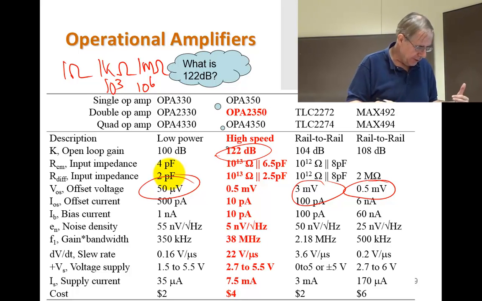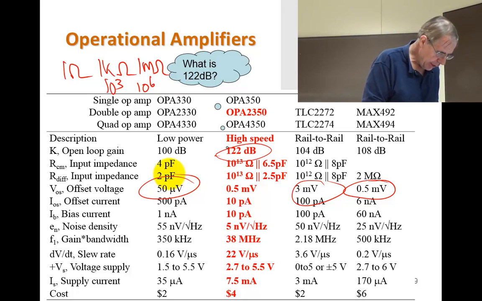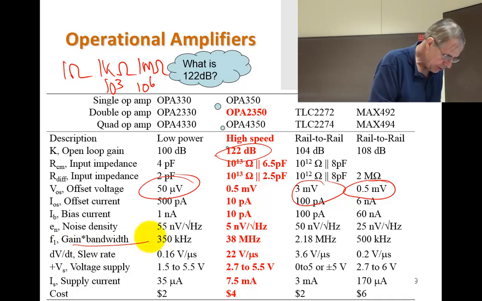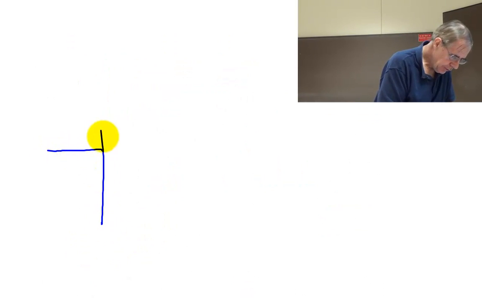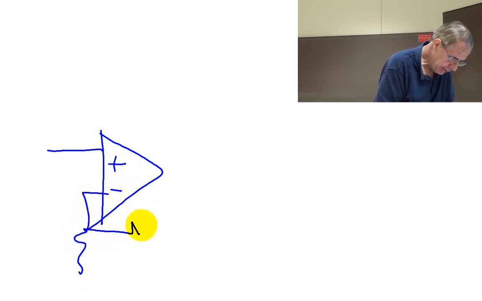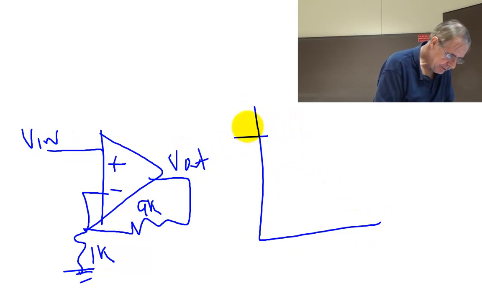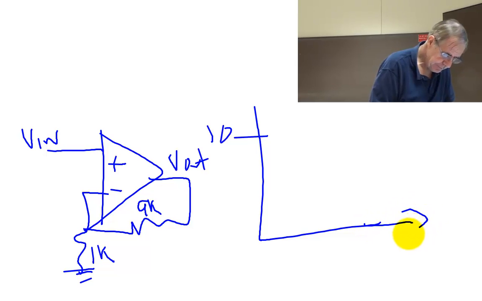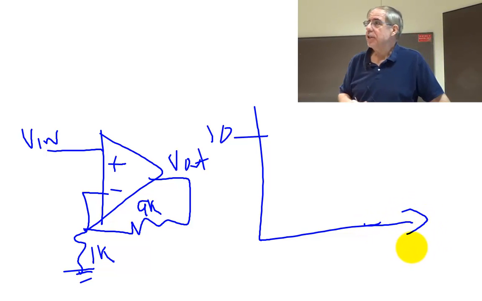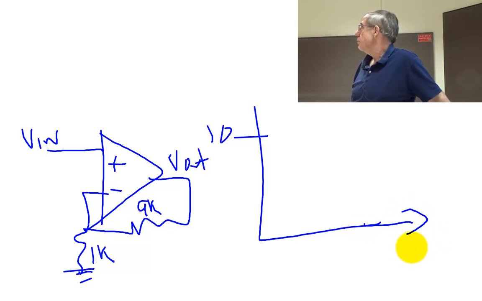Let's do one more that's important, and let's do frequency response. All right, so this is an amplifier with gain 10 at DC.